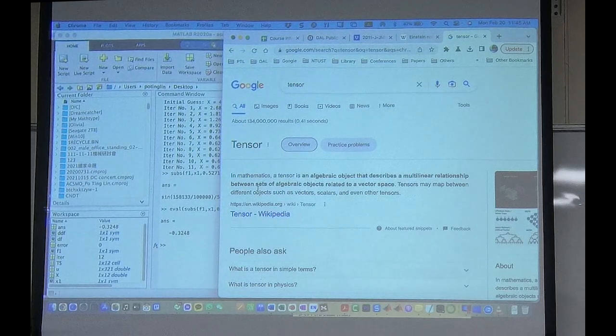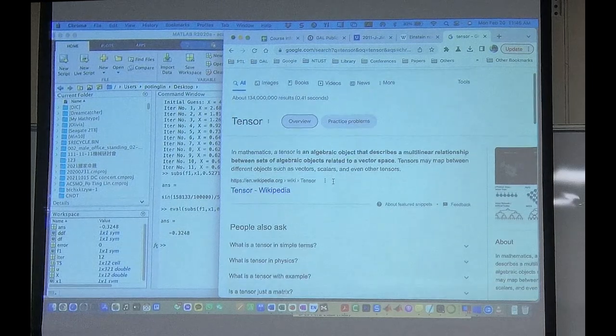If you are interested in the future, you can find some supporting material to teach yourself about tensor. If you are in the field of solid mechanics, tensor is important, because there are so many books written in tensor notation.